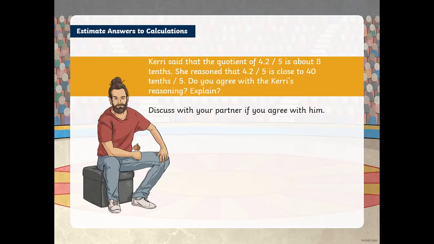She reasoned that 4.2 divided by 5 is close to 40/10 divided by 5. Do you agree with Kerry's reasoning? So who is correct, Kerry or her friend?